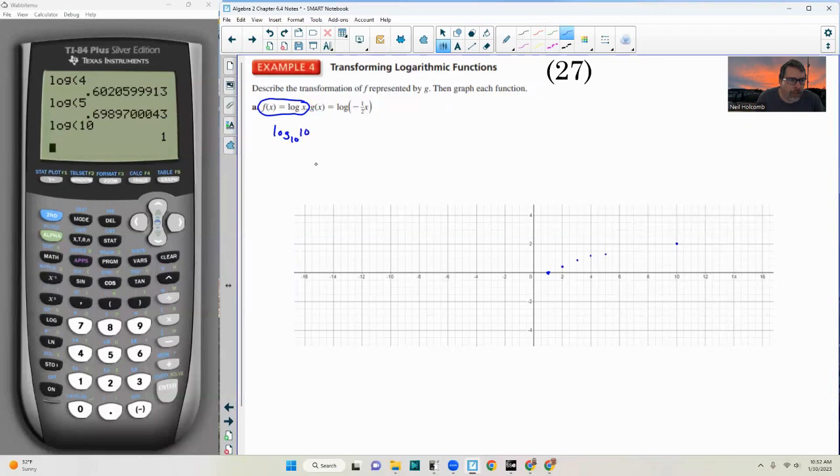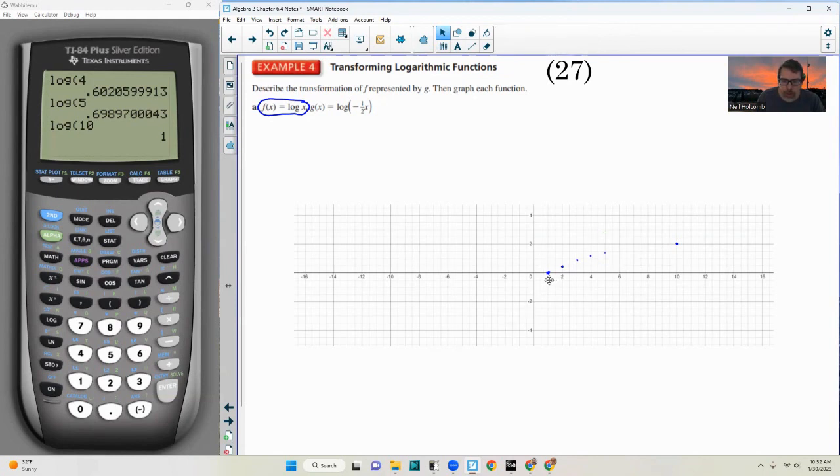And if I take the log base 10 of 10, we have that rule where they cancel and they just become 1, or 10 to the first power equals 10. Remembering that from the last chapter section. So we finally came up and got to 1. This point right here looks like it's not growing fast enough, so this should be a little bit higher, probably right about there.